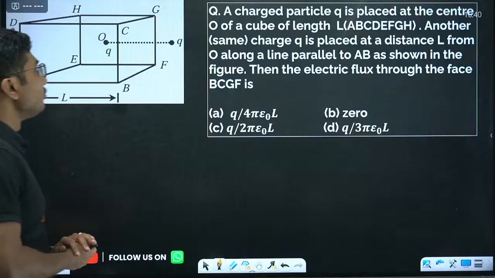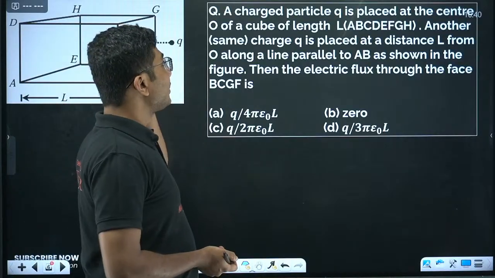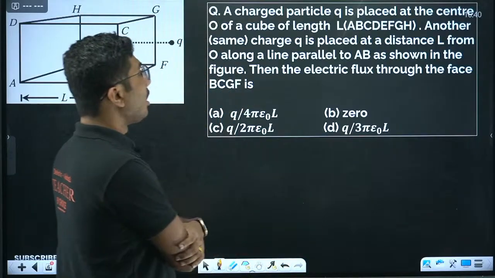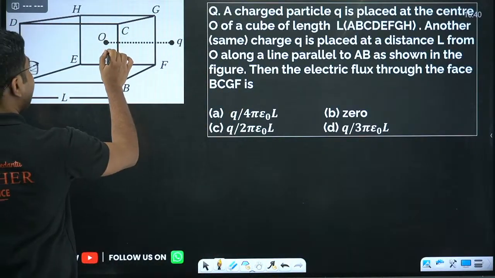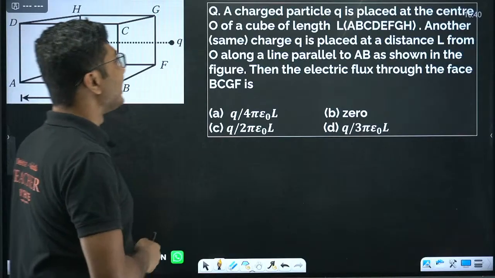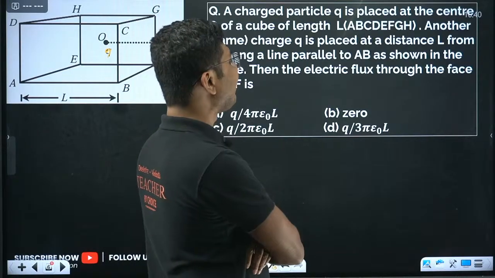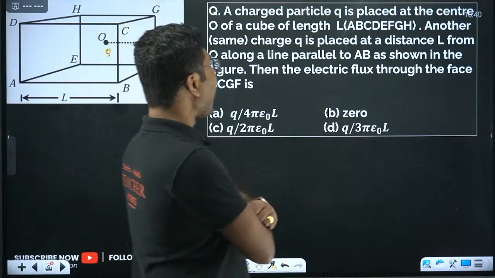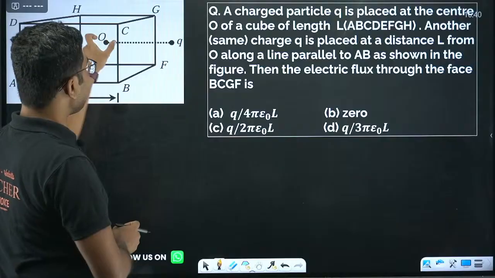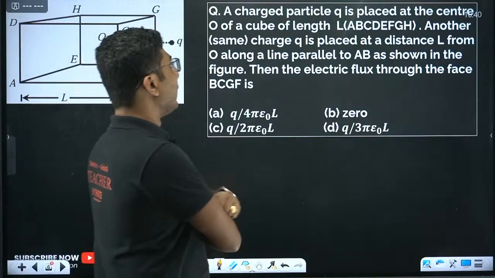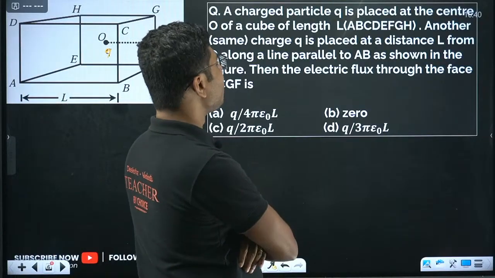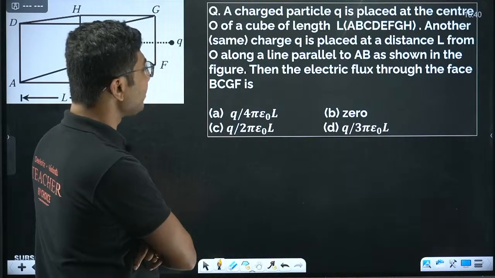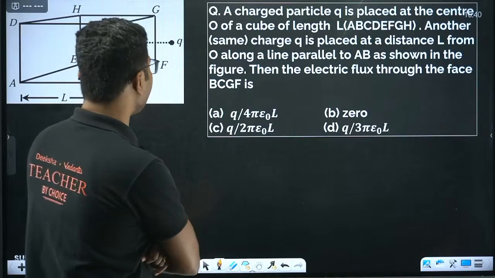Okay, now let us move on to a question. A charged particle q is placed at the center O of a cube of length L. Another same charge q is placed at a distance L from O along the line parallel to AB as shown in the figure.